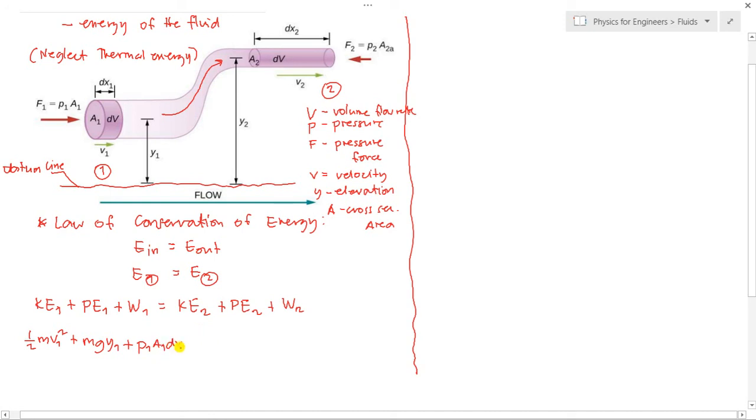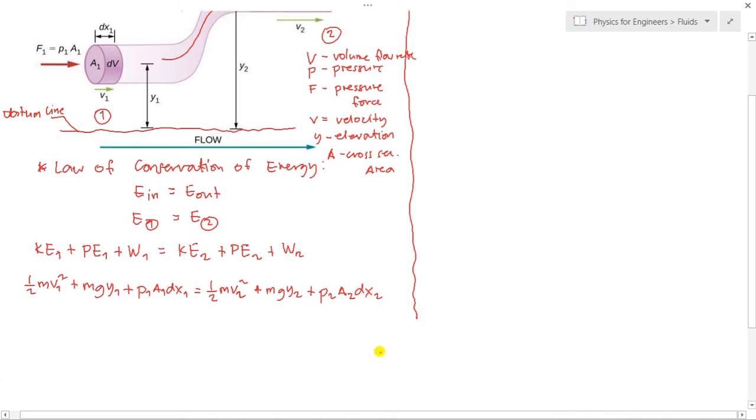And this is equal to 1/2 mv2 squared plus mgy2 plus pressure 2 times area 2 times displacement 2.